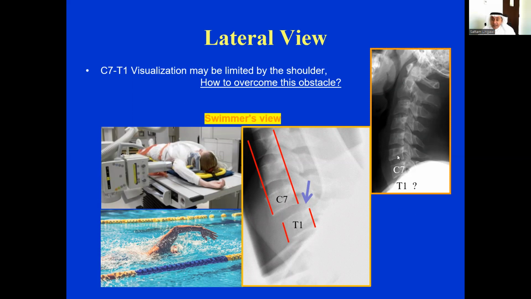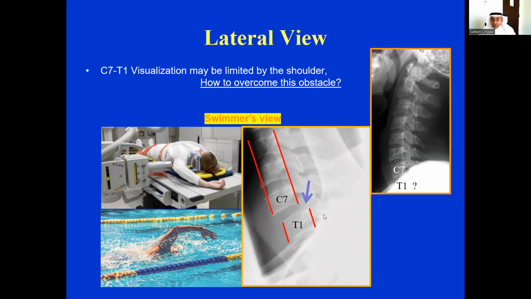In order to visualize the cervicothoracic junction, we might need to put the patient in what is known as the swimmer's position, where one arm is placed above the level of the head, while the other arm is pulled downward towards the knee, and the radiograph is taken through a trans-axillary approach.